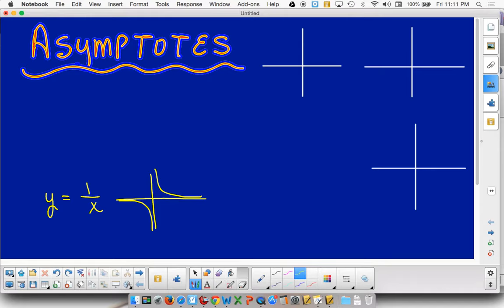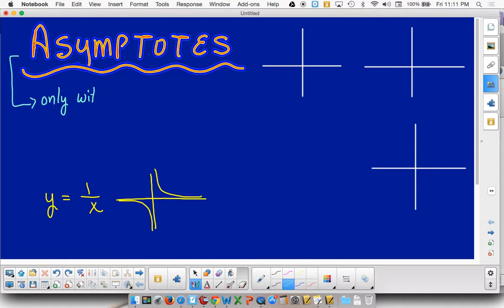That's a simple rational function, but rational functions tend to make graphs of that type that have horizontal and vertical asymptotes. In fact, here in a few minutes, we're going to discover you can even have slant asymptotes. So the key thing is asymptotes typically only occur with rational functions.